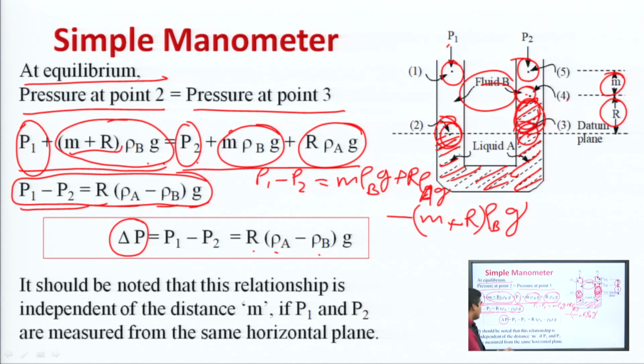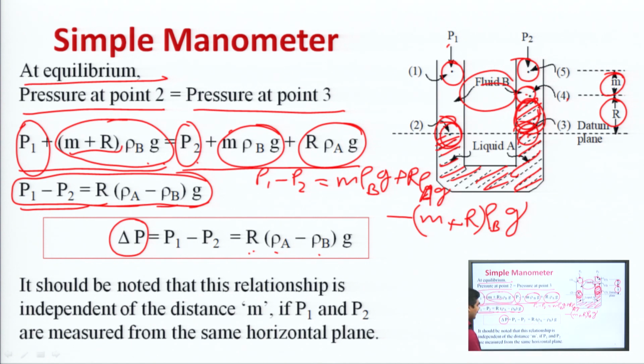If you look at this equation, you will find that m is not in the final equation. That means, for the simple manometer, it can be concluded that this equation is independent of m.